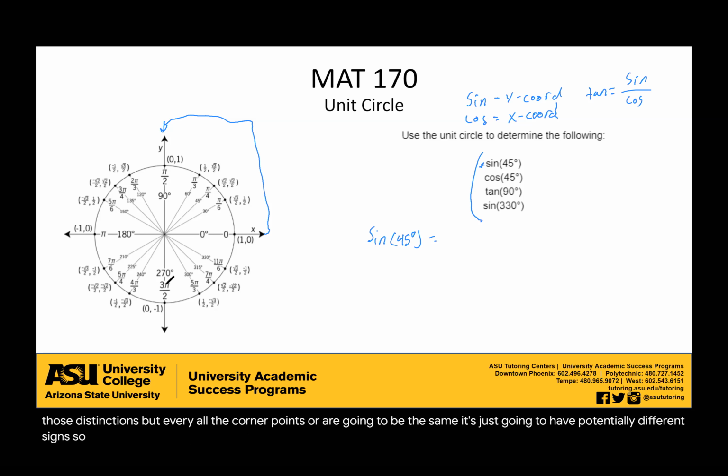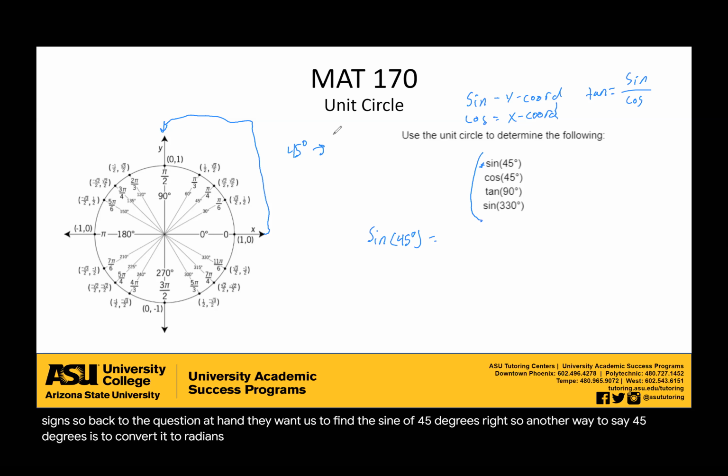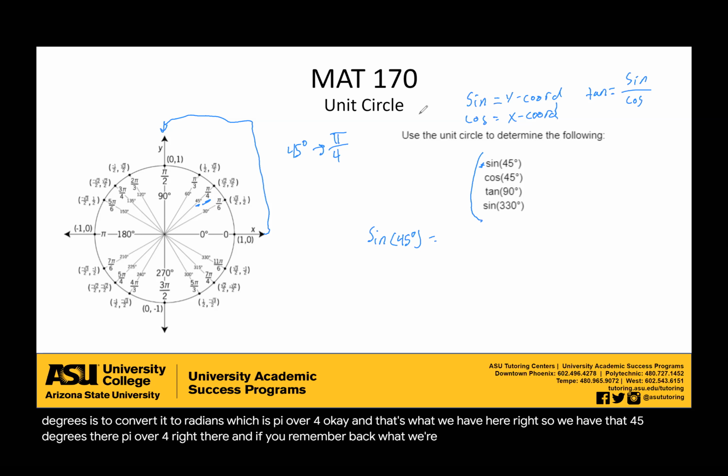Back to the question at hand, they want us to find the sine of 45 degrees. Another way to say 45 degrees is to convert it to radians, which is pi over 4. That's what we have here: 45 degrees, pi over 4. And if you remember, what we're looking for is the y coordinate for sine.